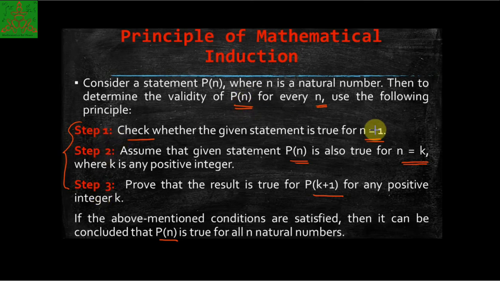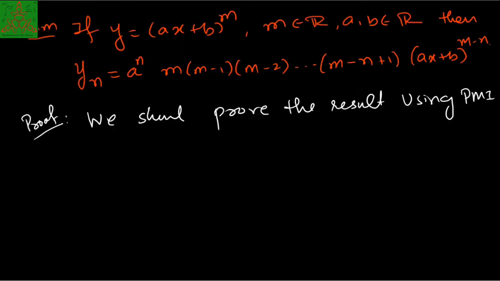The first is to check whether the result is true for n equal to 1. The second step is to assume the result is true for n equal to k. The third step is to prove the result is true for k plus 1. If all these conditions are satisfied, then we can say that the given statement Pn is true for any natural number n.